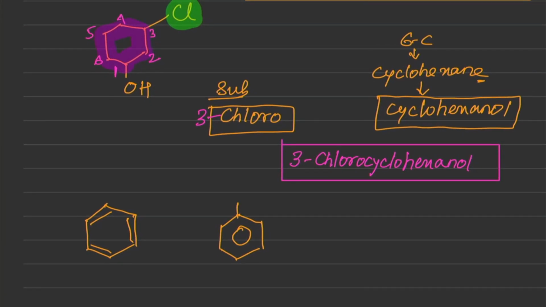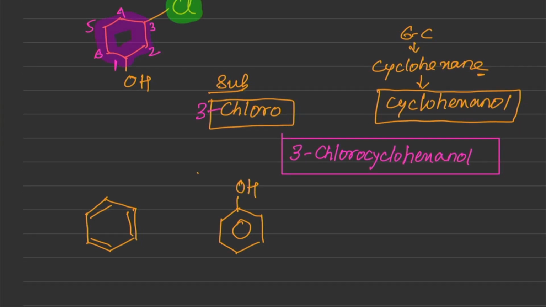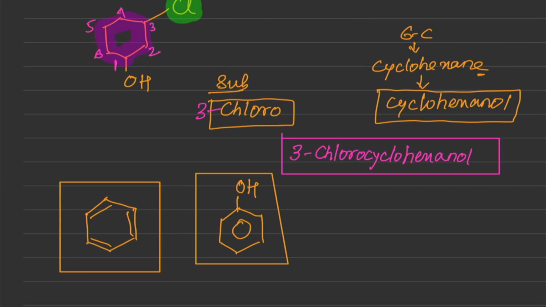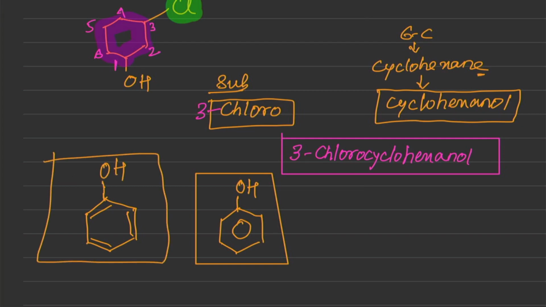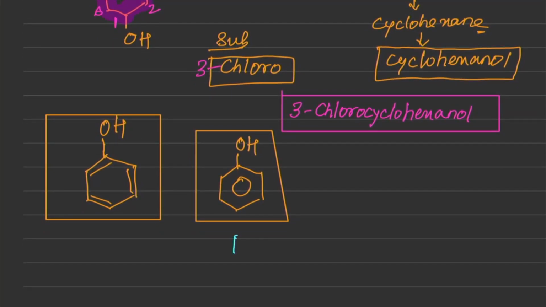Okay, so here if we have OH, this has a default name. We call it phenol. Everything is written as a phenol derivative.